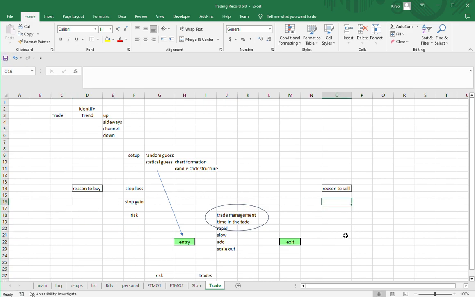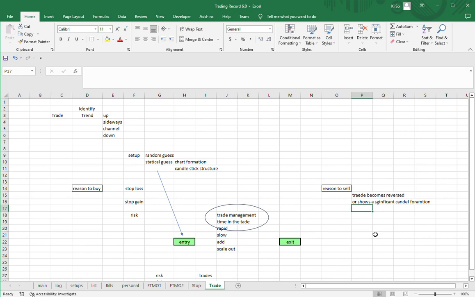So, reason to sell is a point where I can say that the trade has become, essentially, reason to sell is if the trade becomes reversed, or reaches or shows a significant candle formation.